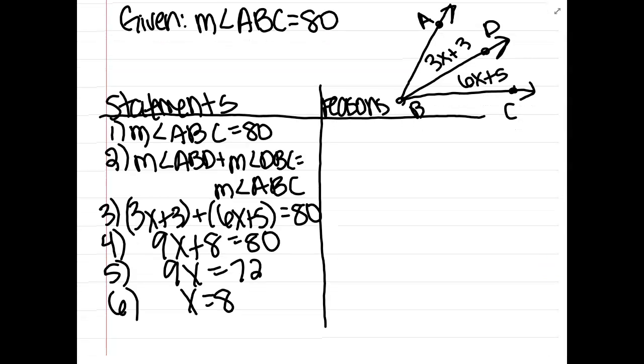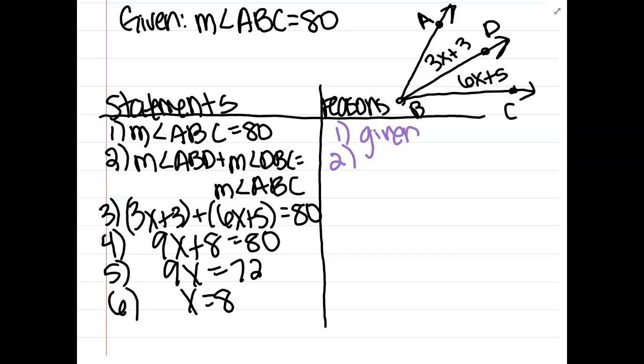Okay. So my first reason, how do I know that the measure of angle ABC is 80? It's the given. Always going to be the given. Okay, number 2. So here's where, remember, it's either going to be a postulate, a theorem, a definition, or a property.